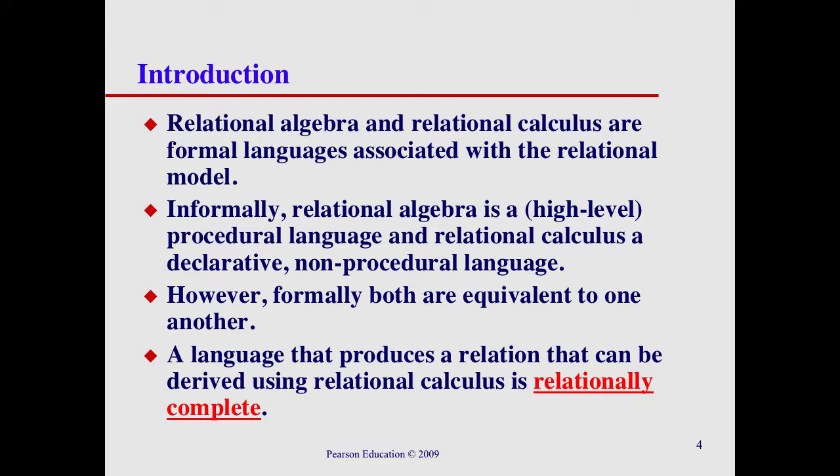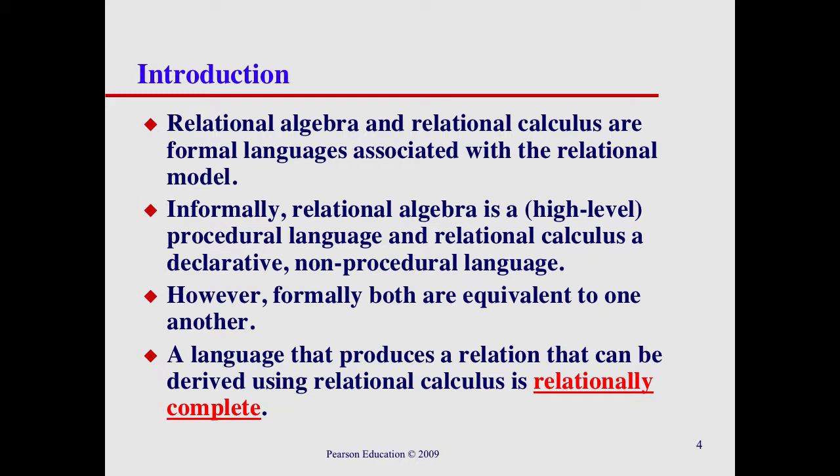It was more of a high-level procedural language, whereas the relational calculus is a high-level declarative language, meaning you don't actually tell the query optimizer how to perform the query. And this term relationally complete means that if you devise a query language for a relational database system, we say it's relationally complete if every query that can be formed in the relational calculus can also be formed in your query language.